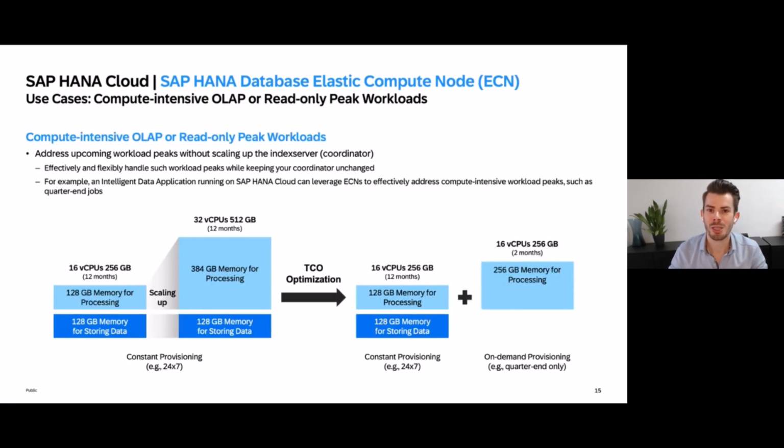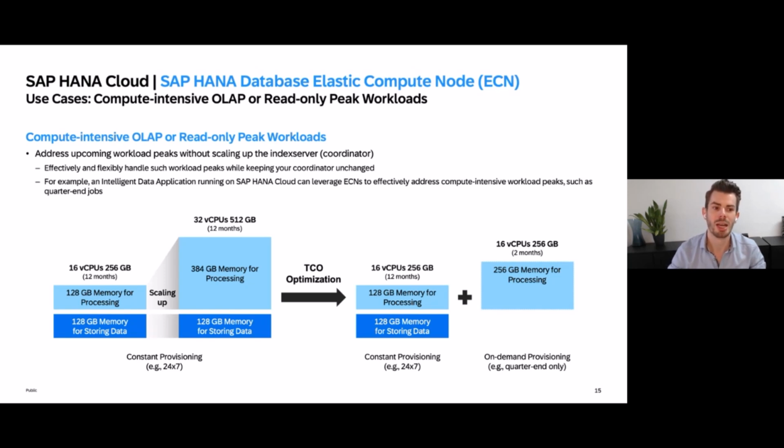Now, what are maybe some of the use cases that might map to that? I was talking about read-only workloads, but to illustrate that a bit better, we have two examples that I want to share with you. So first of all, we know that many customers run very compute-intensive scenarios on top of HANA Cloud, where read access is quite often given, and it's not necessarily about writing significant data loads.